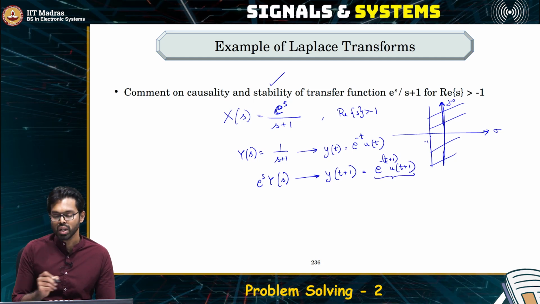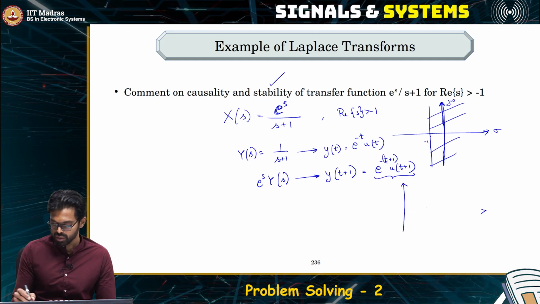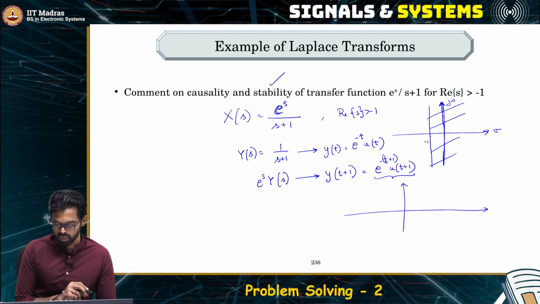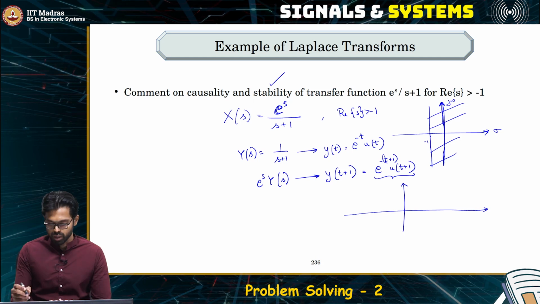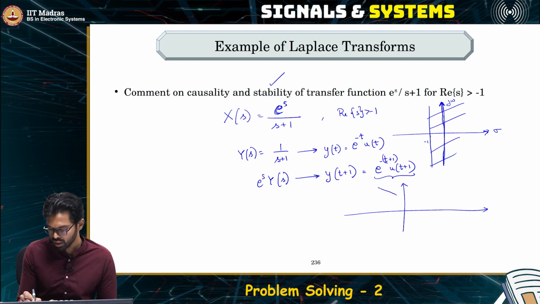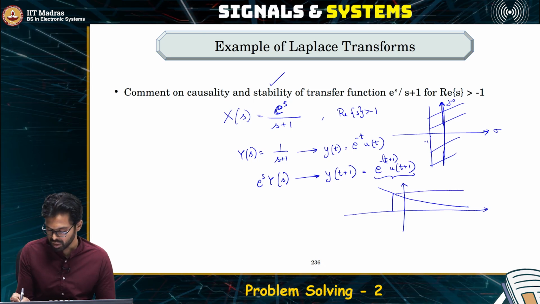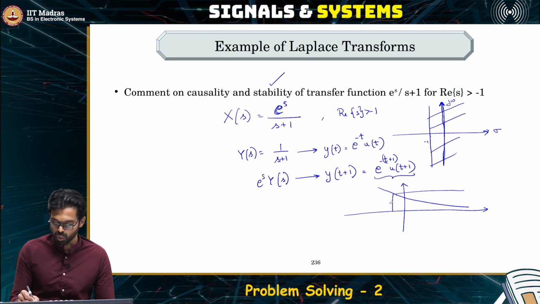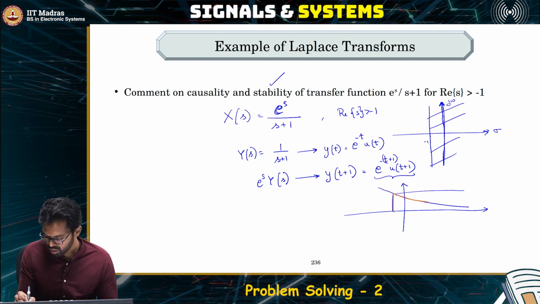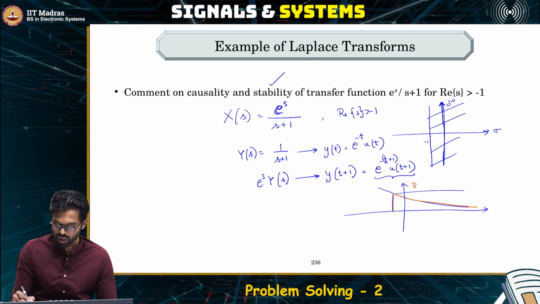Now, how does this look when we plot? e^(-(t+1)) at t equal to minus 1 takes the value 1, and after that, as t increases, it decays. You just multiply these two functions together, and what we get is effectively this signal, which is our x(t).